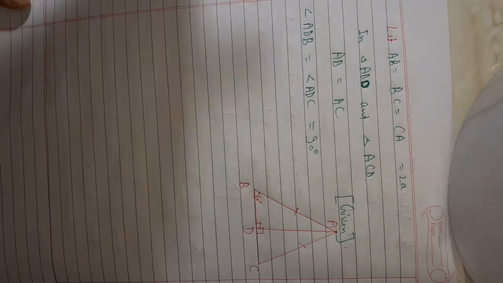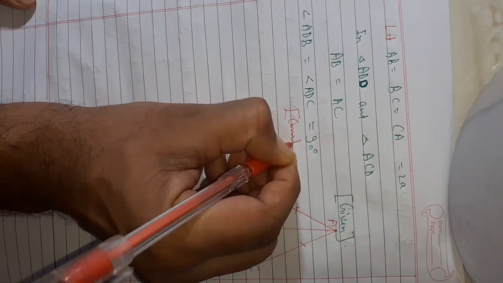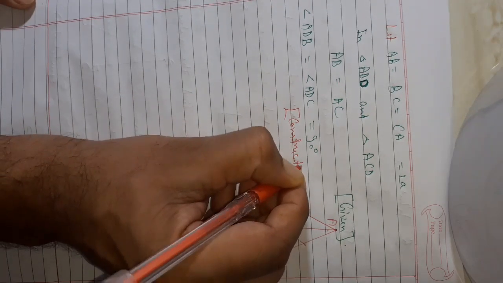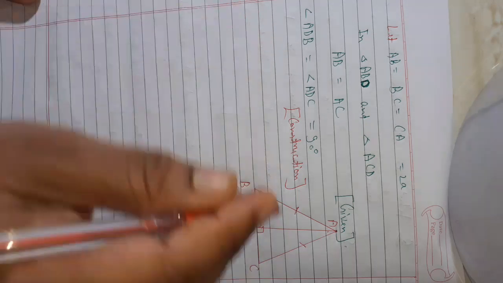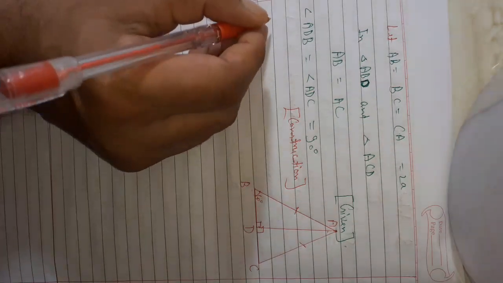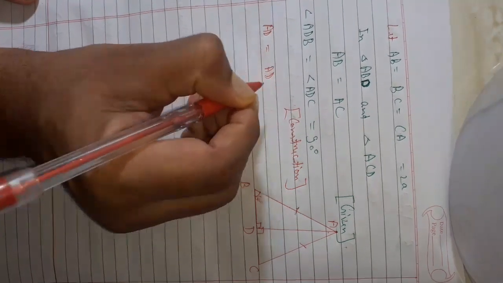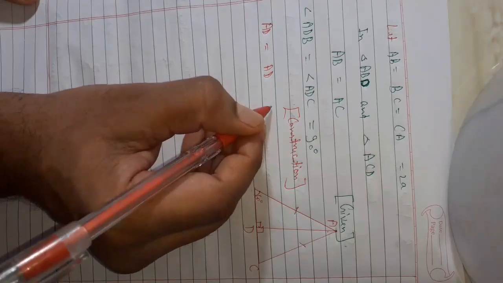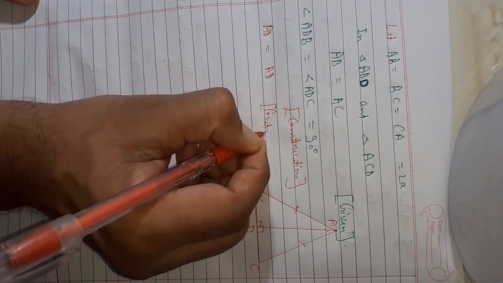It means because it is perpendicular. Okay, so you have to write here construction, because we drew the perpendicular construction. Clear? Now come to AD is equal to AD. AD is the common side. This is also construction.